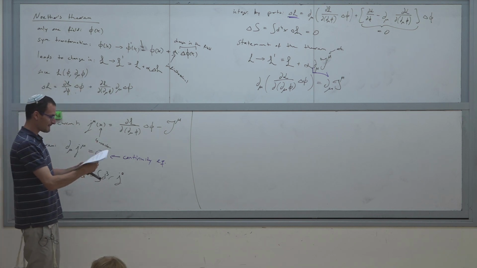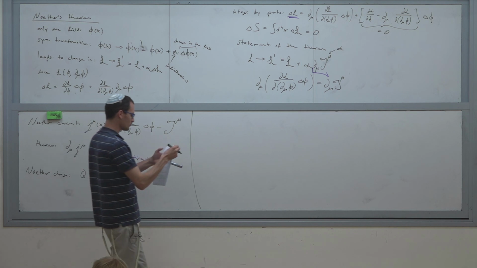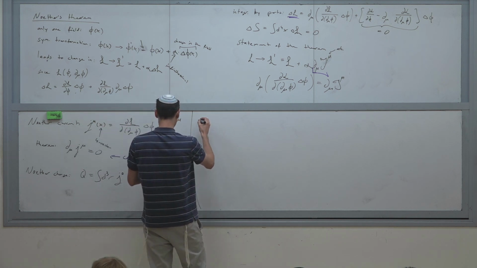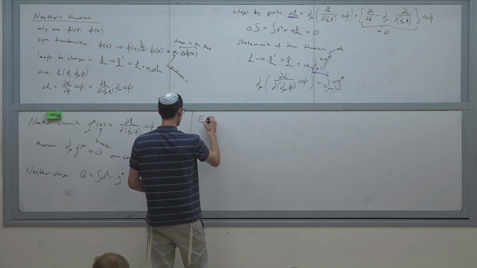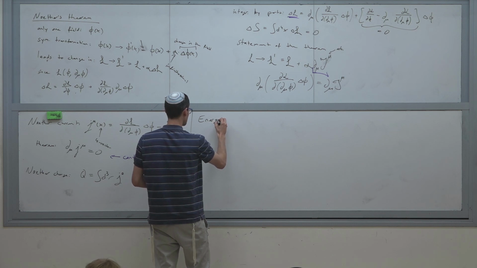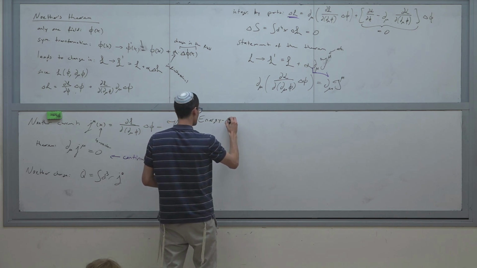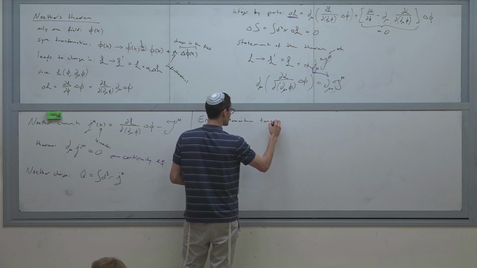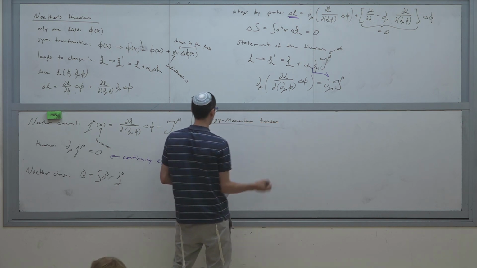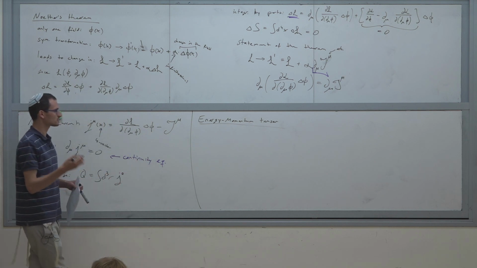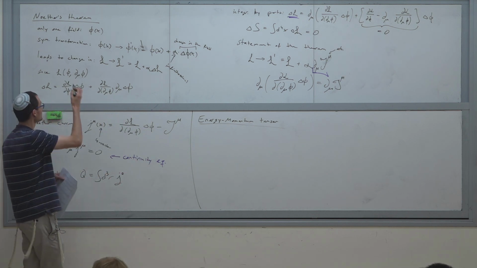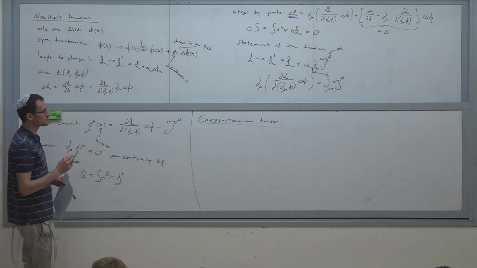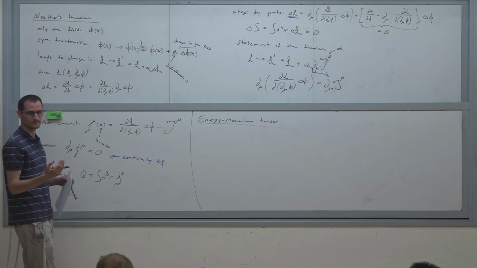And I'm going to apply this to find what's called the energy momentum tensor, which is a complicated word, but basically means we're going to show that energy and momentum are conserved if your theory is invariant under time and space translations.